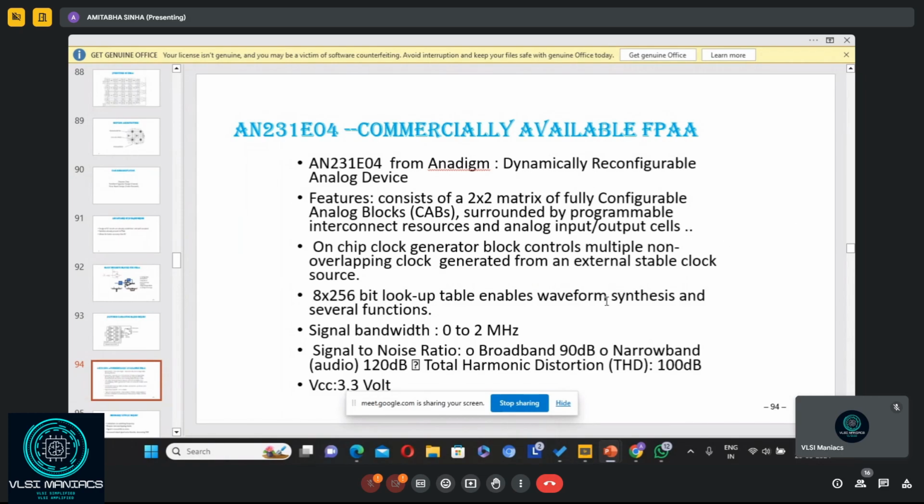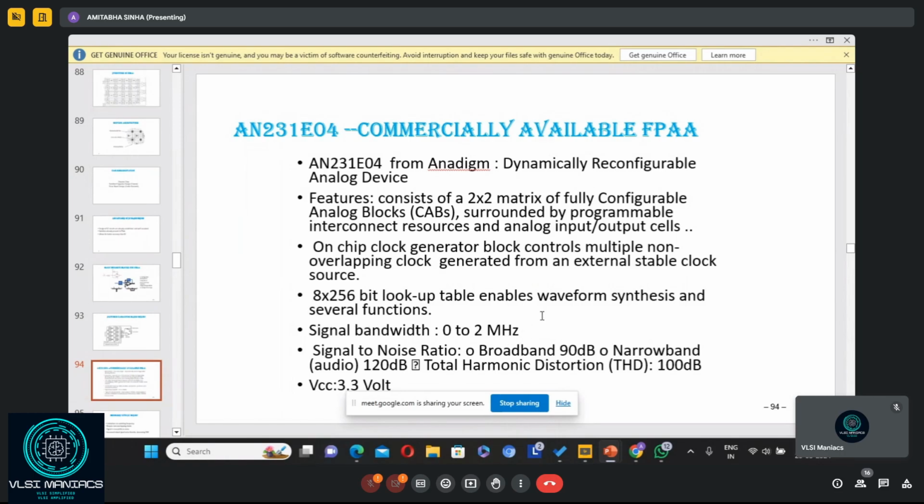And signal bandwidth is low, 0 to 2 megahertz, but now advanced FPAAs are available. The bandwidth has been increased. But this is the drawback of FPAAs. That's why still now they are not as popular as they should have been.